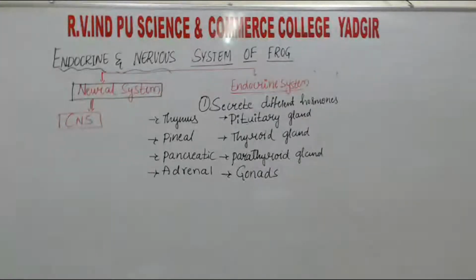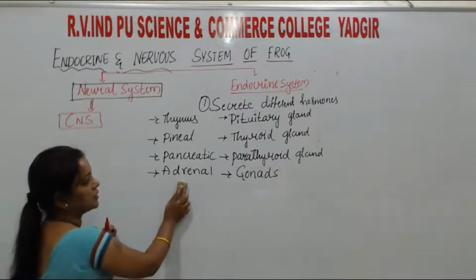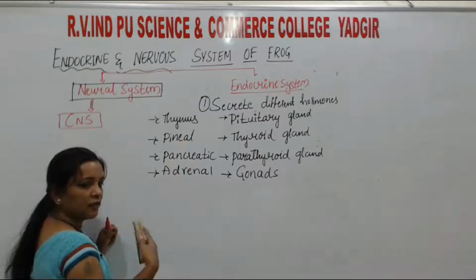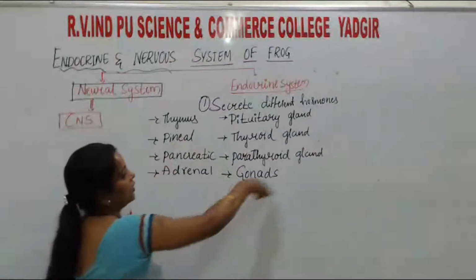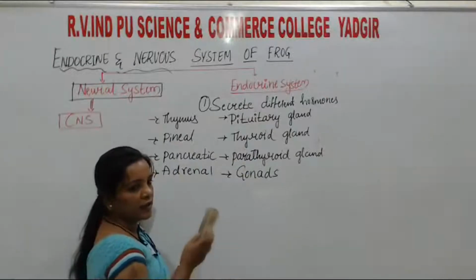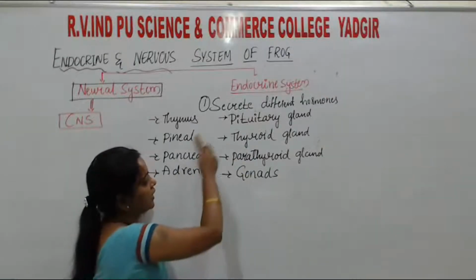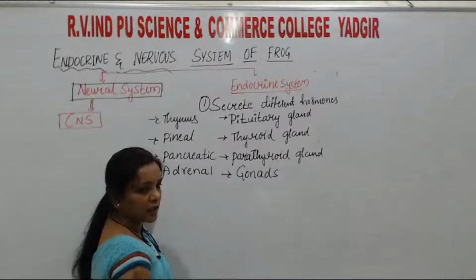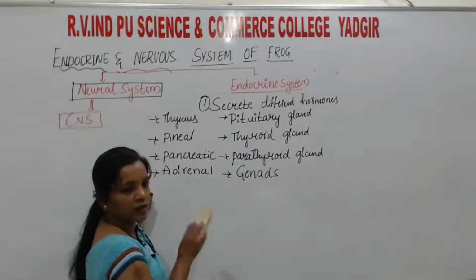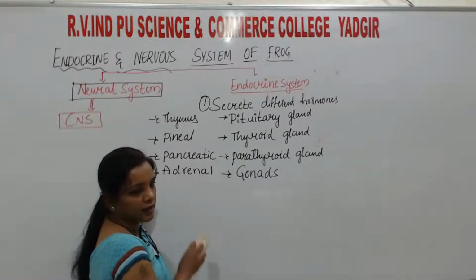Clear on the endocrine system: they secrete various hormones, and we are not discussing all of these because we have one more chapter where we will study these glands in detail in humans. But in the case of a frog, just remember the names of the glands.